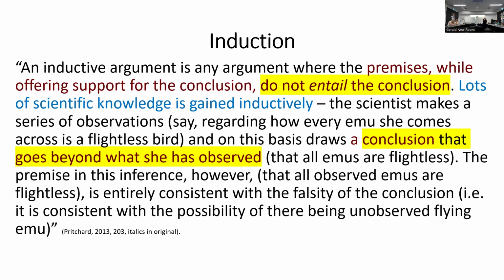Now we are in a generalization which you cannot find in the world. All emus are flightless. It's impossible to find in the world because, I'll come to that in a second.